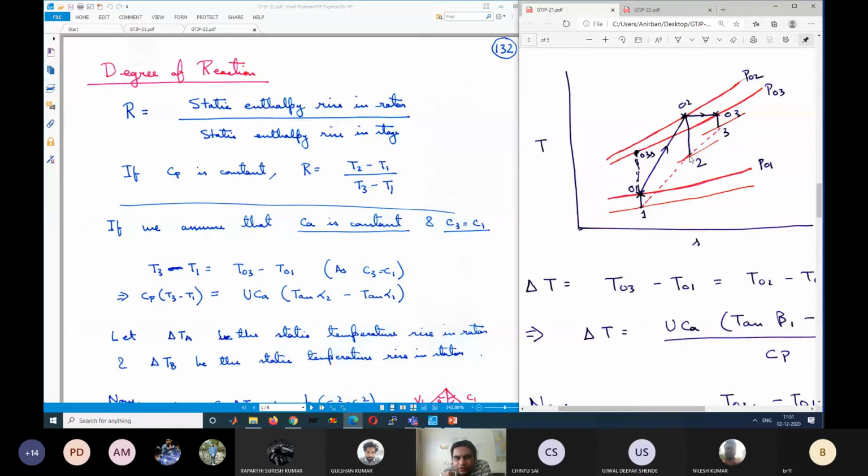It is midway between 1 and 3, correct. And it means that the diffusion in the rotor is equal to the diffusion in the stator: T3 minus T2 is equal to T2 minus T1. Both have similar diffusion.